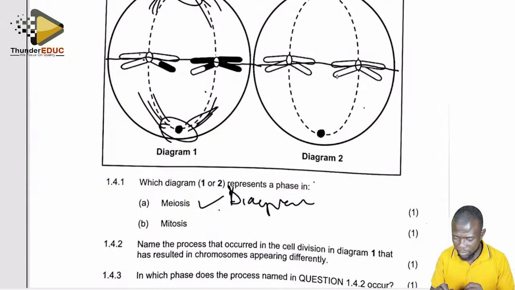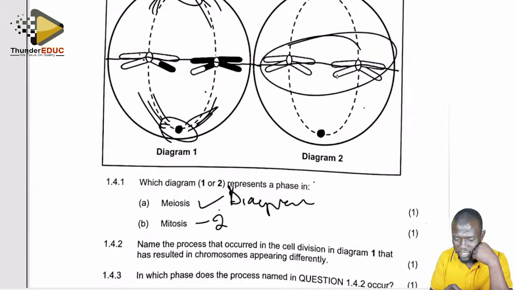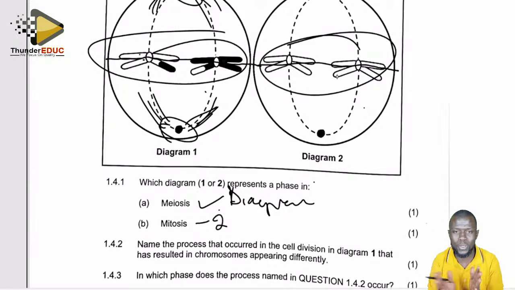And then diagram 2, I will say that it's mitosis. Do you know why? Because here there are no variations. Here you see that the chromosomes are varying due to the crossing over, but here I don't see any variation. So it could be mitosis. I'll conclude it like that.